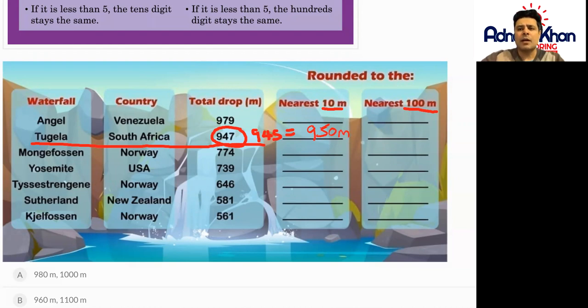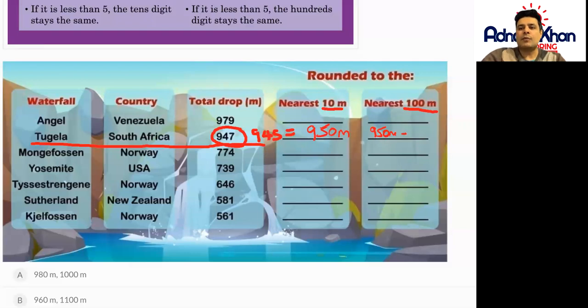Let's round the same number, 947, to the nearest 100. So is this number, Tugela, South Africa, 947 meters waterfall, is it closer to 900 or is it closer to 1,000 meters? Now remember, the number in the middle between 900 and 1,000 will be 950 meters.